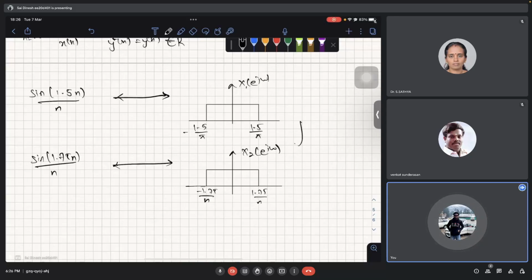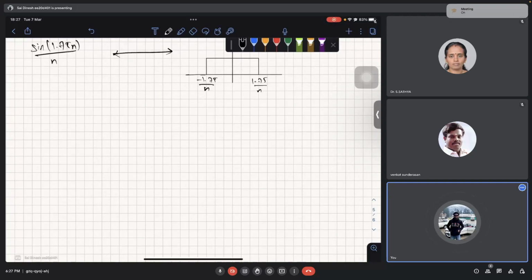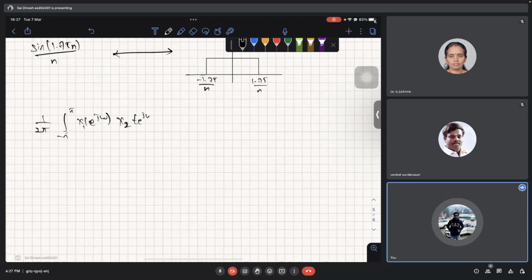If we multiply these two, we'll have a common region, which is again equal to this one. So we do 1 by 2 pi, minus pi to pi, and you need to solve X1 X2 e power j omega d omega.